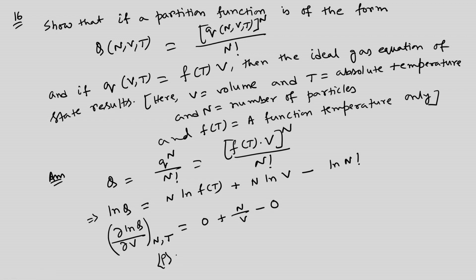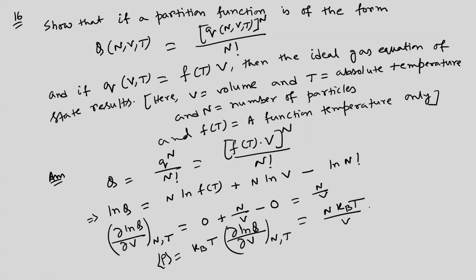The average pressure is nothing but kB times T del ln Q by del V at constant N and T. If we substitute del ln Q by del V as N by V, we get N kB T by V, and N kB is nothing but n times Na times kB.